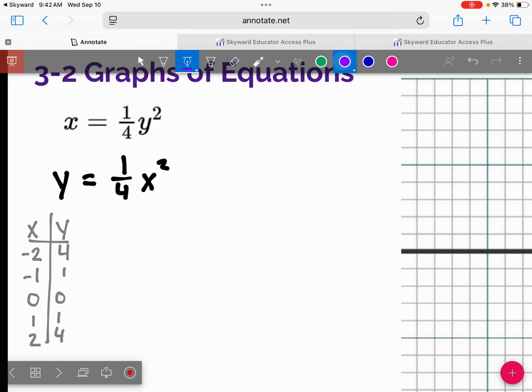If we want to get 1/4 x squared, that's when we would take our x values exactly as they are, and we're going to multiply our y times 1/4. It's going to be decimals, and that's okay.